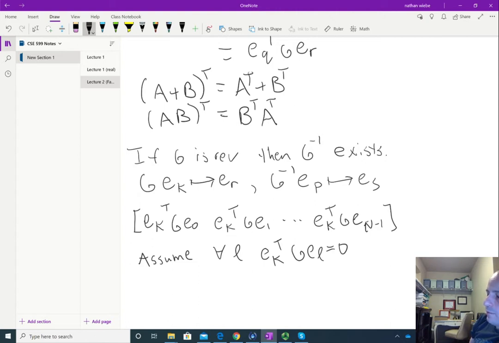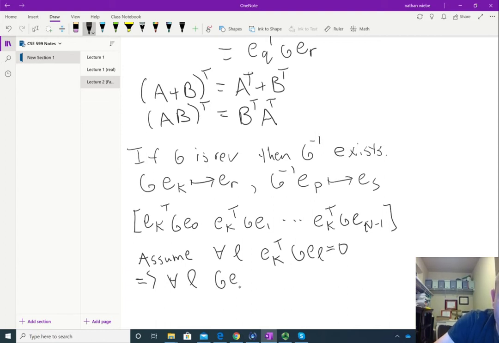The problem is basically that this implies that for all l, G acting on E_l has to be not equal to E_k. Because if any of them were equal to E_k, then E_k transpose acting on it would give you one inner product. So there cannot be any one that ends up mapping to that.